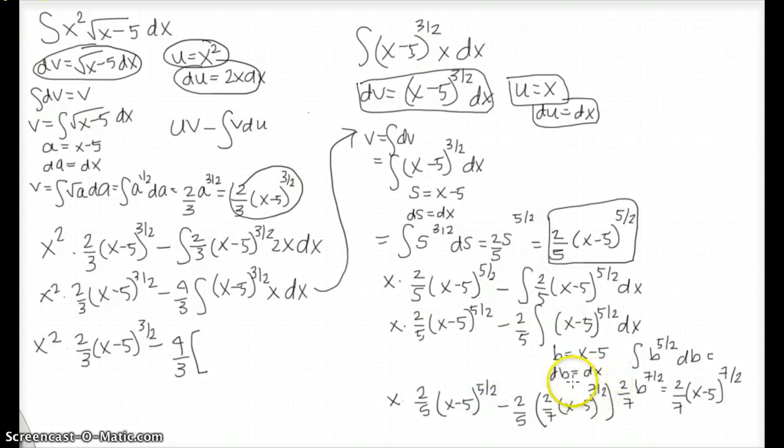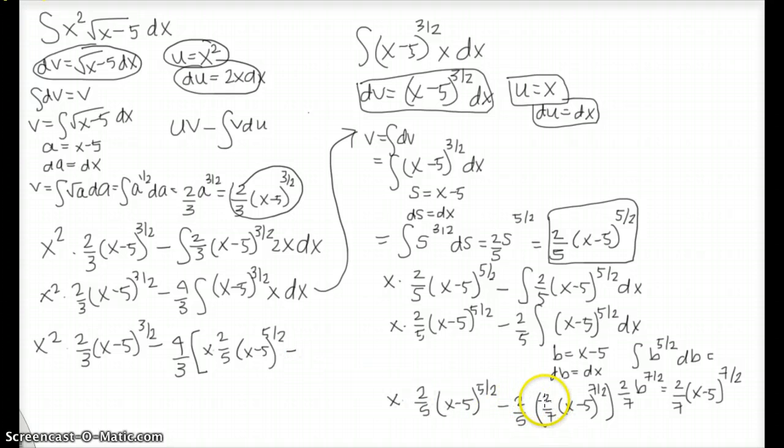And now here we can see we don't have any integrals left, so we're basically done. All we have to do is put this back in with this part here, because remember we were evaluating this integral. We're going to put that answer in here, close parentheses plus c, and that's our final answer. So all we have to do is just recopy this part and put it in here. So we have x times 2/5 times (x - 5)^(5/2) minus, I'm just going to multiply these two fractions together.